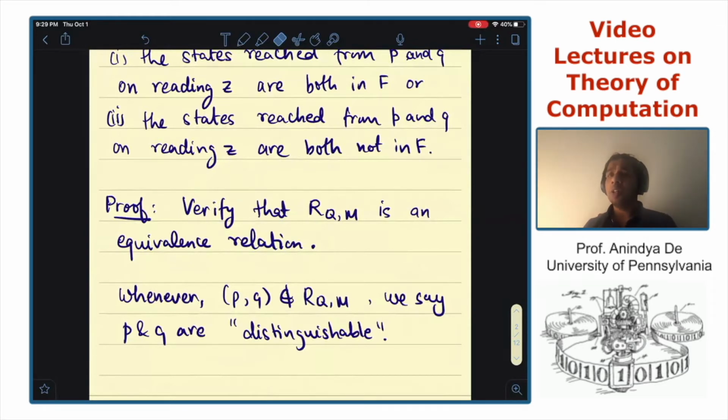You should also recall that in the previous video we gave a definition for distinguishing two strings with respect to a language L. We said two strings x and y are distinguishable with respect to L if there exists a choice of z such that when you append z at the end of both of them, one is in the language and the other one is not. So this is a definition of distinguishability with respect to states and not strings. Whether we are talking about states or strings will be clear from the context.